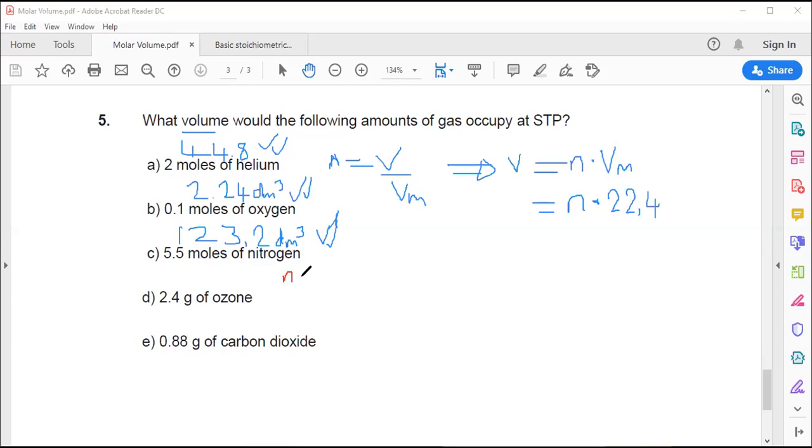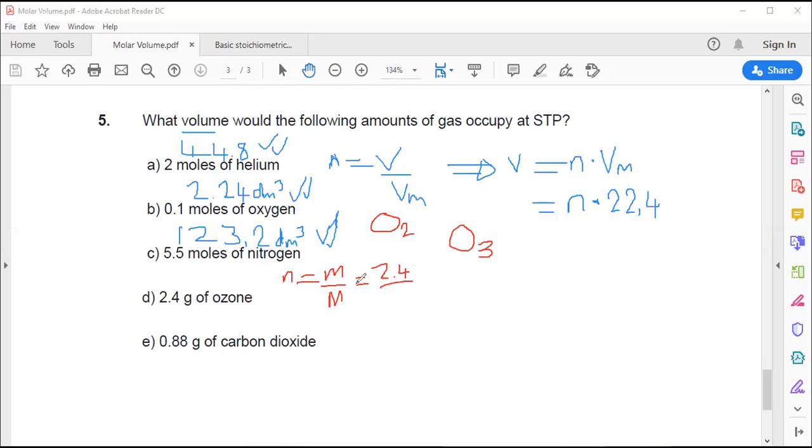Number of moles is equal to mass over molar mass, which is equal to the mass, 2,4, divided by the molar mass of ozone. What is ozone? Ozone is O3. Oxygen is O2. Ozone gas is O3.